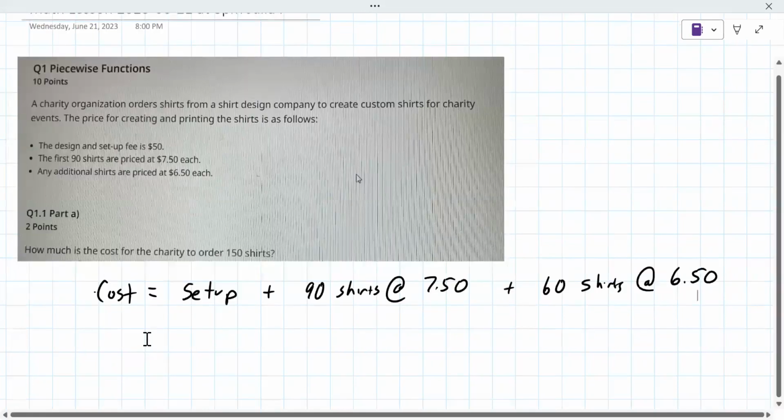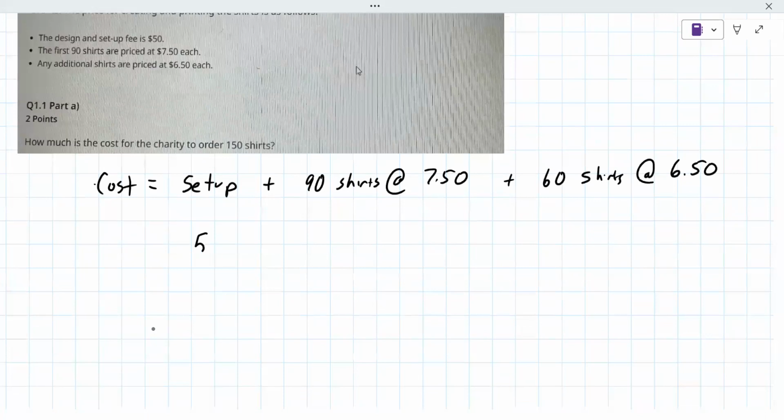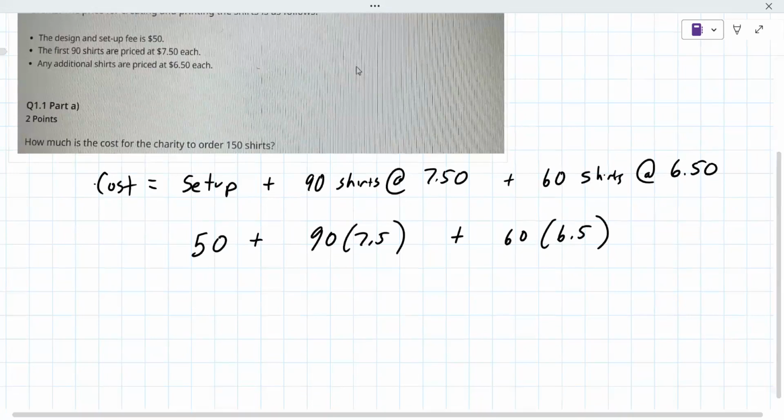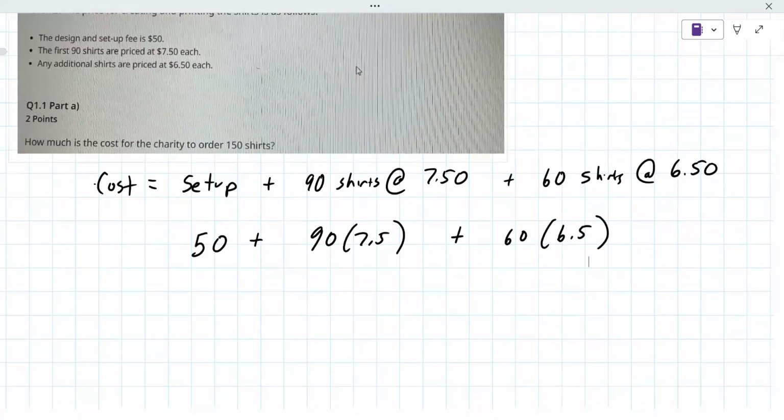All right. So the setup here is 50 plus 90 times 7.50 plus 60 times 6.50, like that. Is that okay? Yeah. Clear. All right, so go ahead and grab your calculator and see what you come up with for that, and get that down here for your answer.